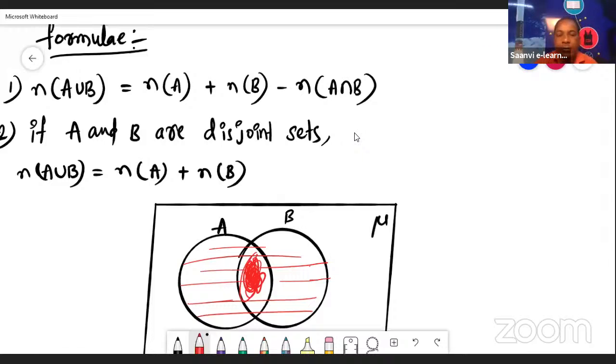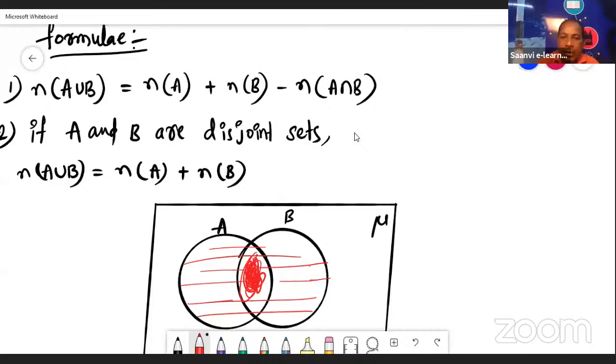So according to the rule of sets, if we take an element once in the given set, it should not be repeated again. That is why we are subtracting this area, removing it from this. Why? Because already set A total we have taken and set B also. In this area, both set A and set B are included, so we delete that area.